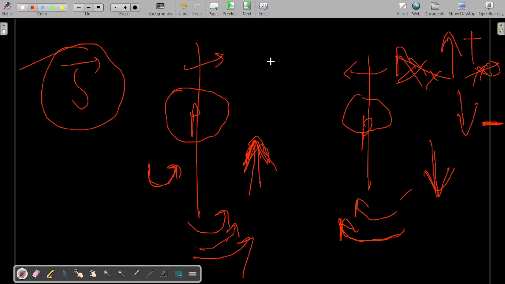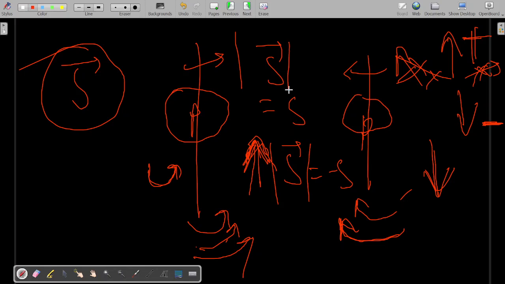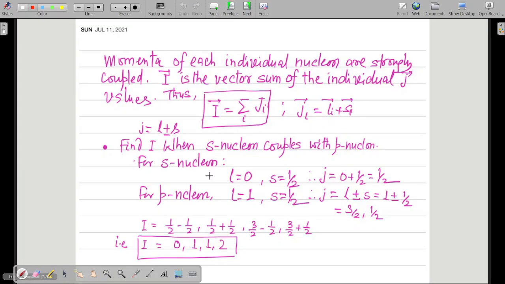When you write the S vector and remove its vector sign, it is one dimensional, so plus-minus. If it is in the upward direction, call it S, and when it is in the downward direction, call it minus S. I am saying magnitude. That's why plus S_i vector has been converted into plus-minus S.